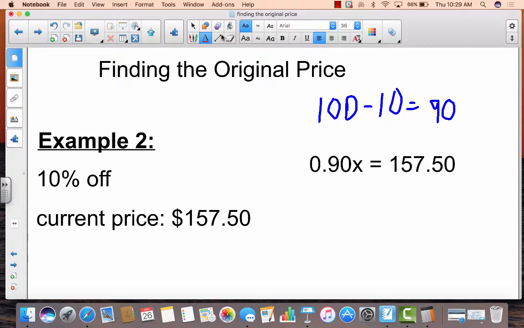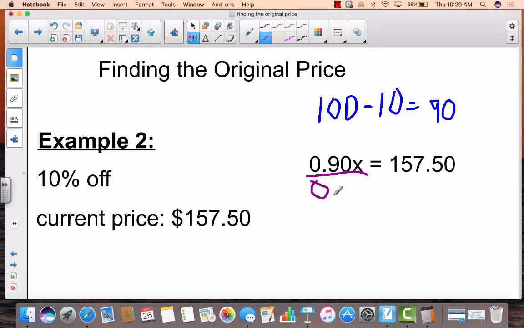And again, I've created a one-step equation here. So now to solve that equation, I need to get x by itself. So I divide by 0.90 on the left. This crosses out and leaves me with an x. And then I divide by 0.90 on the right.